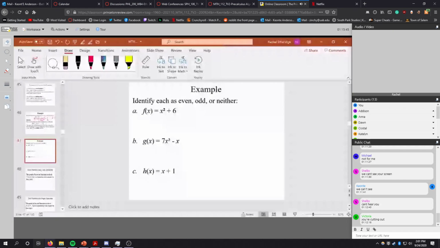That one's going to be symmetrical about the origin. And then C, I have an exponent of 1 and an exponent of 0. So it's going to be neither. It can't be both. So if you get one, then you know it's even. So I'm going to plug in a negative x here and see what I get.